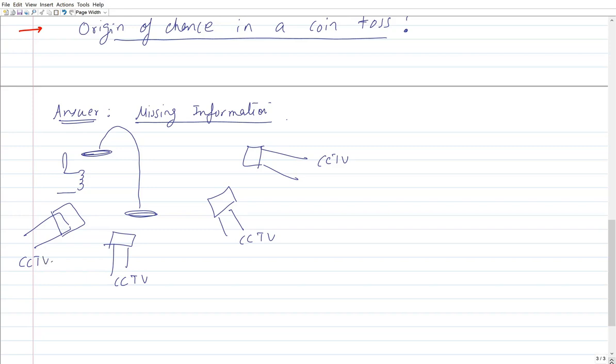And let's say I have all the sensors in the world. I have a sensor to measure the torque which my hand puts on the coin when it's getting tossed up. Do you think in such a scenario, when I have all the possible information about this coin toss, is this process still random?